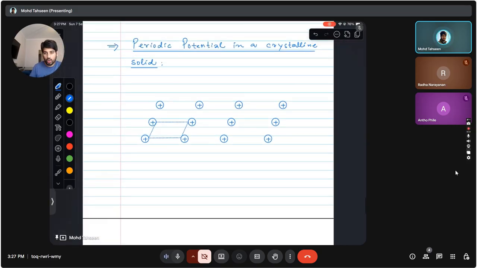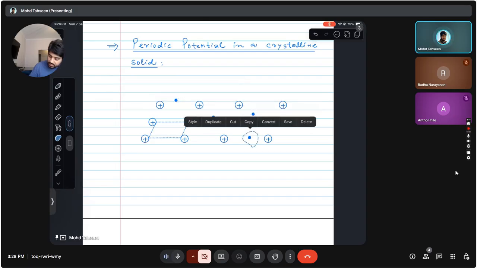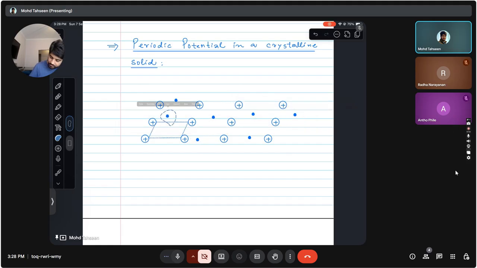But the properties that we are interested in, the properties of conductivity, electronic conductivity or thermal conductivity, are a consequence of electrons moving in these materials, right? So there are electrons, the free sea of electrons, moving around in the conductor.